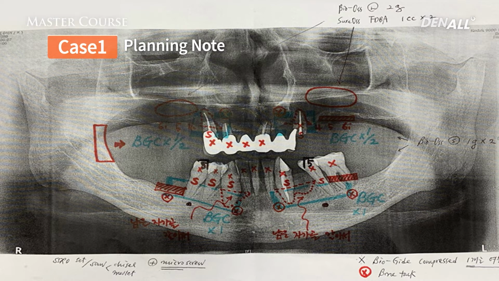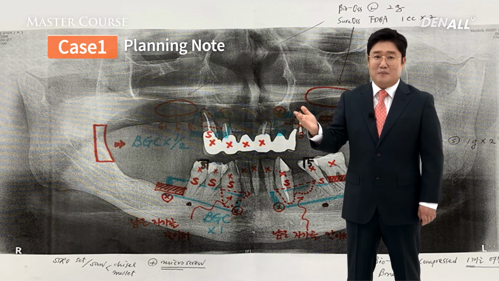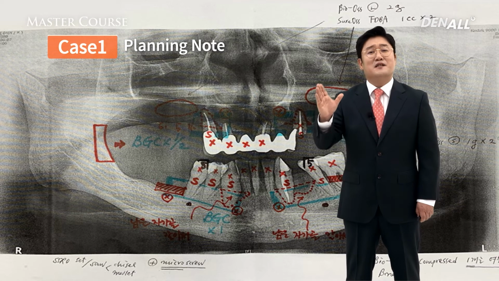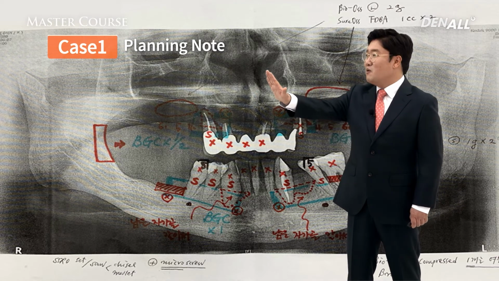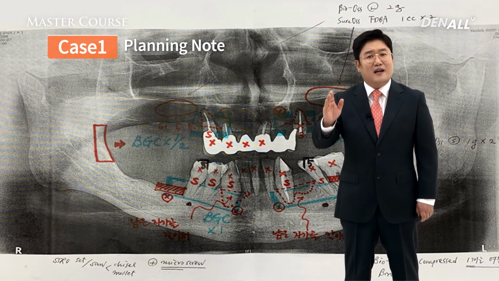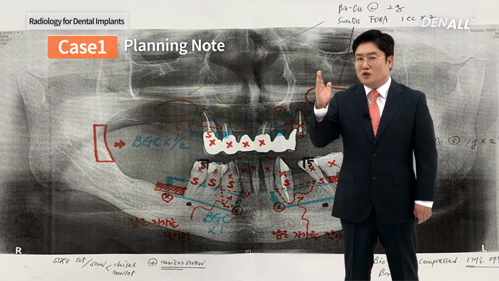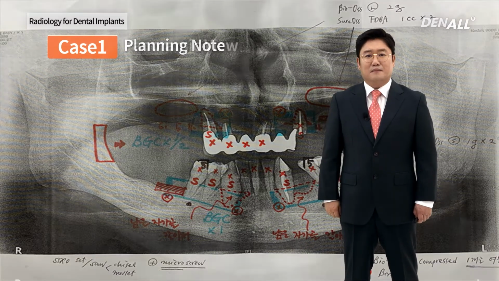At bilateral upper posterior areas, a large-scale sinus lifting will be done. With only panorama pictures, this kind of surgical planning is not possible. With the CBCT images, this kind of surgical plan was able to be established. So the advancement of CBCT pushed the development of implantology as well.